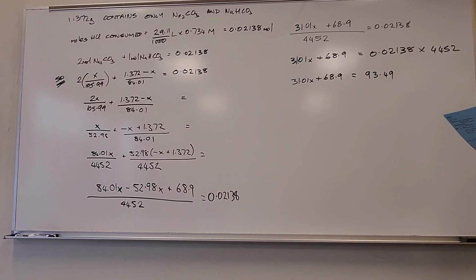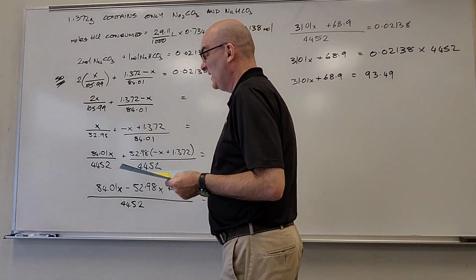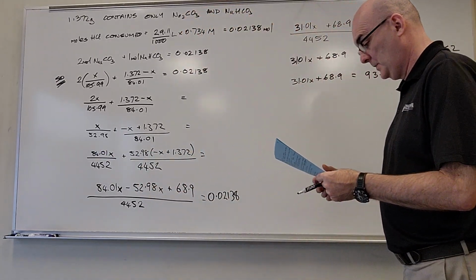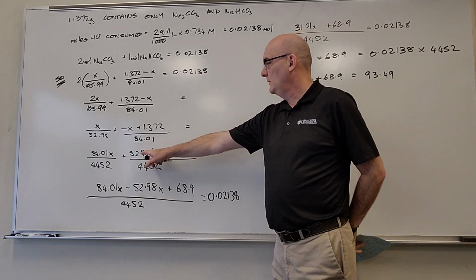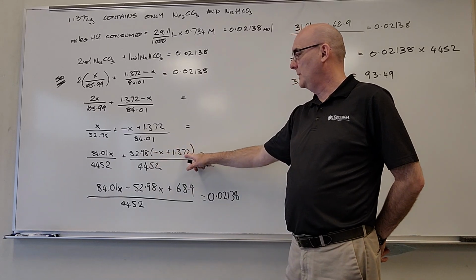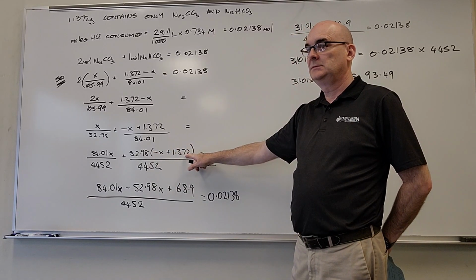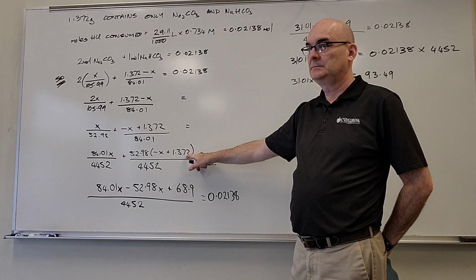I got 95.18. Is it? Okay. Maybe. Also back there on the 68.9, I got a bigger number. I got 72 for 68.9. Is it based off of the approximation you made for the 31? Because you were using 32. So, it could be. 52.98 multiplied by 1.372. I got 72.68.